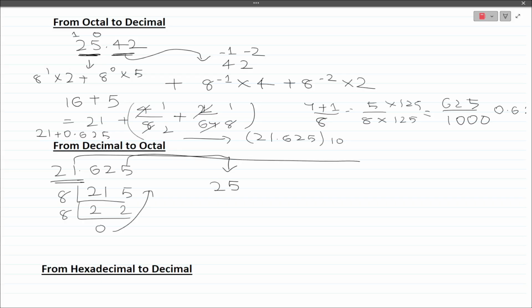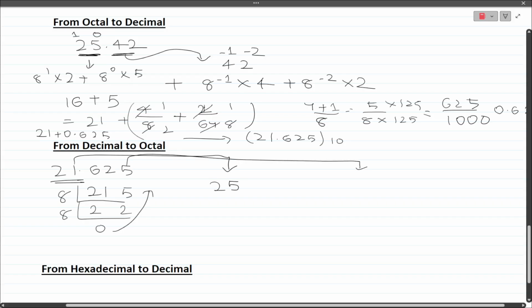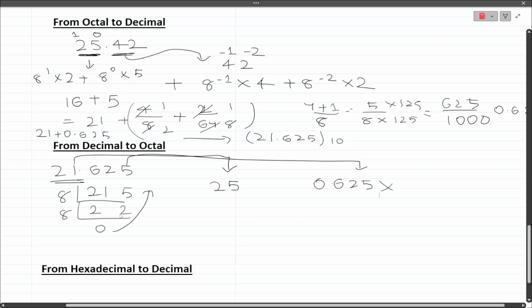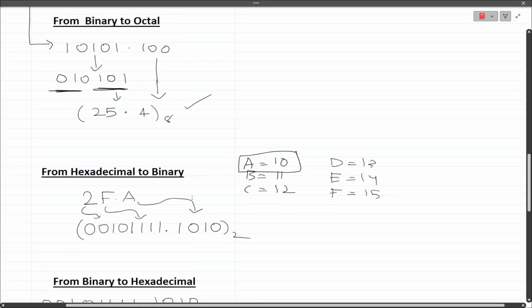Now I need to think of how to convert this particular 0.625. Do you remember students how I was converting my decimal to binary?